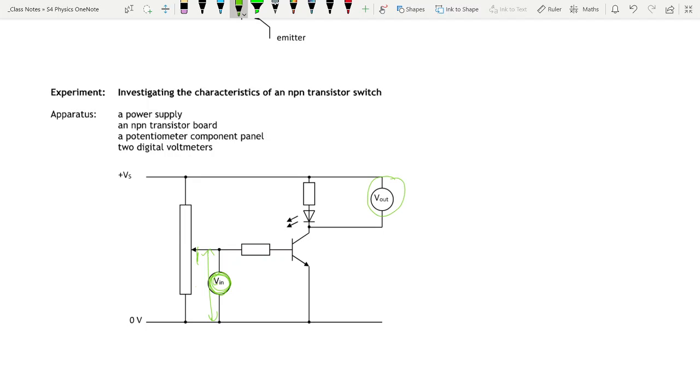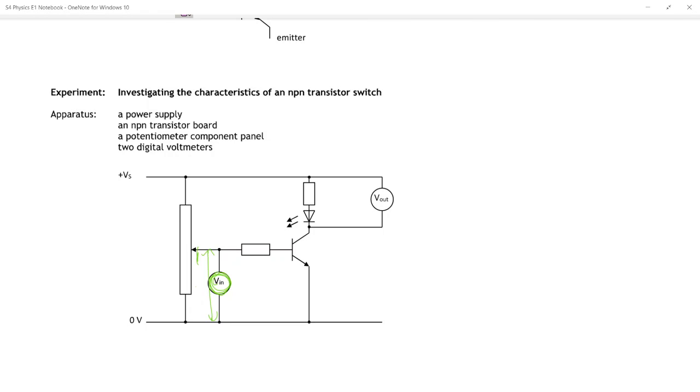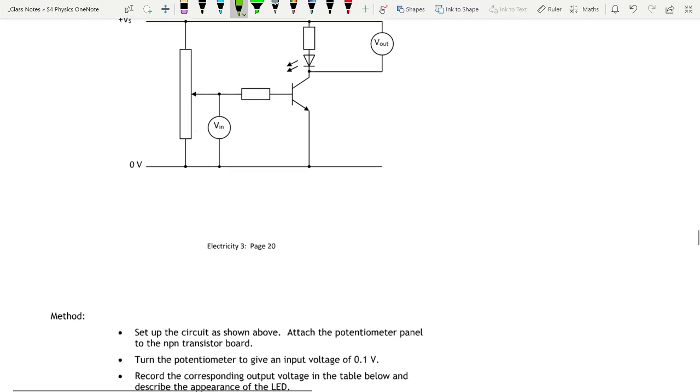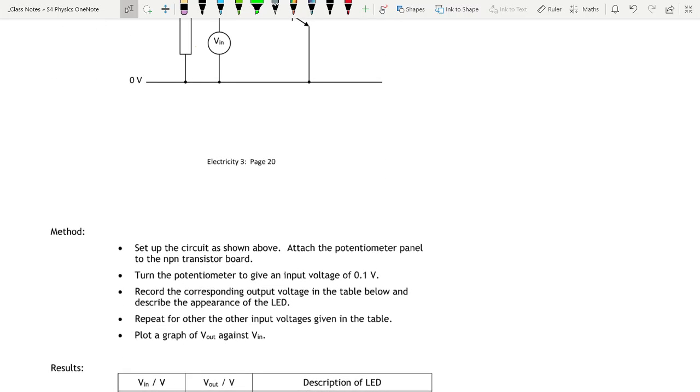We can also monitor the voltage out across the LED. So obviously when the transistor is off, there won't be any voltage across the LED. As soon as the transistor turns on, we will get voltage across the LED. So really what we're looking for is the point at which the transistor turns on. So the transistor has enough voltage to switch on, and then to allow the rest of the circuit to work. So that's what we're going to be doing.